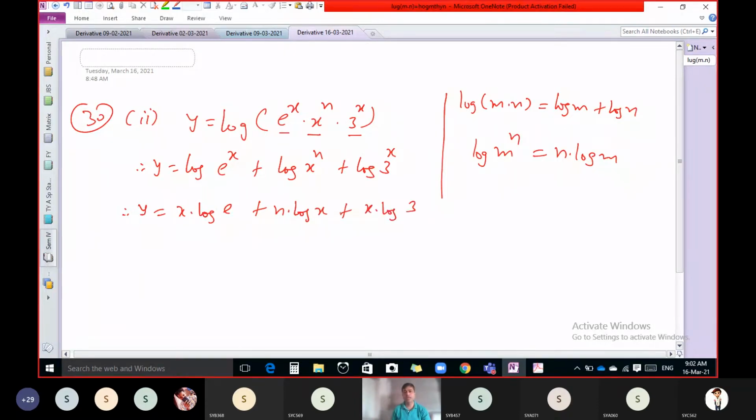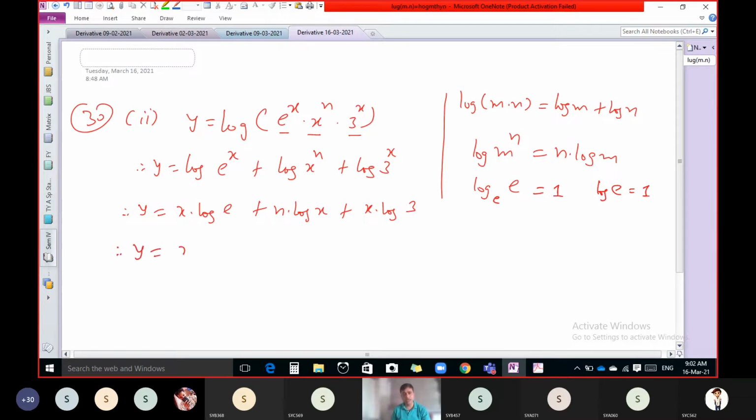Now see here, whenever log e is there, we have to assume the default base is e. In derivatives, by default we assume base e, and log e base e is always 1. So you can simply write log e equals 1 and put 1 here.